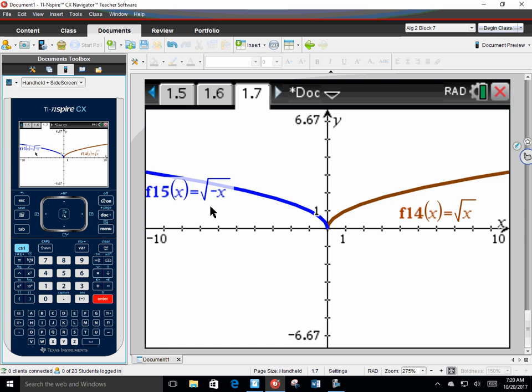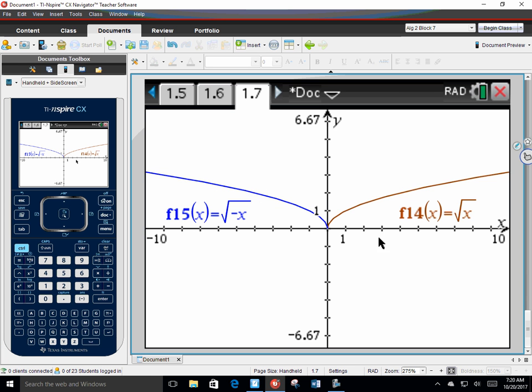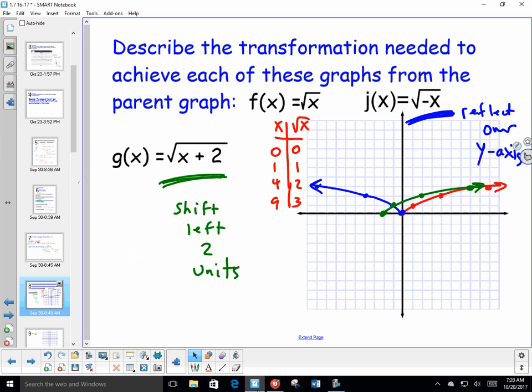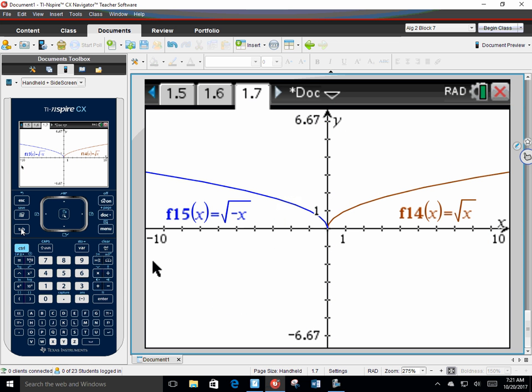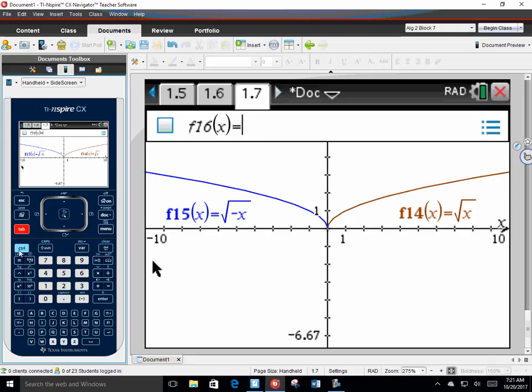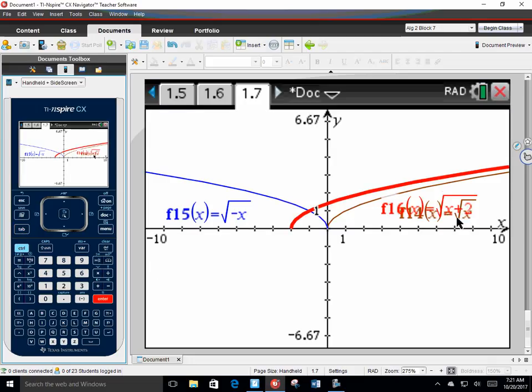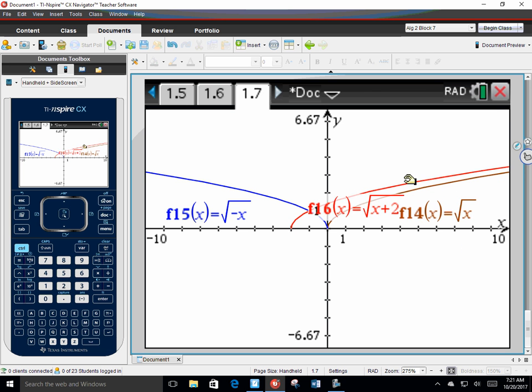That's that reflection over the y-axis. And then we also want to do square root of x plus 2 to verify that we're doing everything correctly. So if I go tab and square root of x plus 2, there's that graph that has been shifted 2 units to the left.